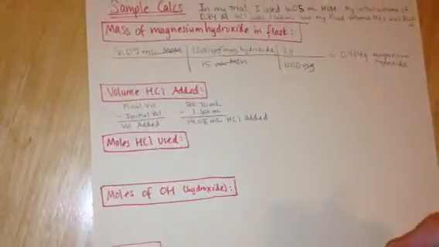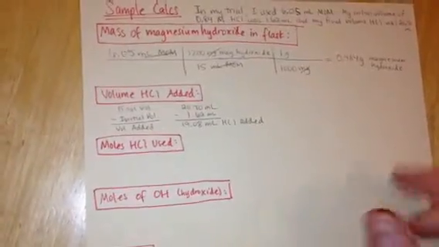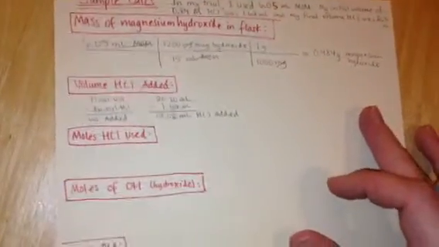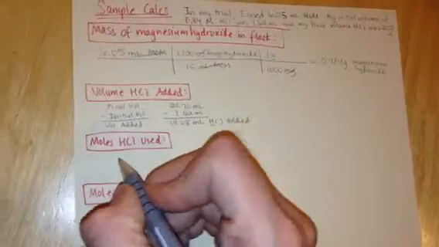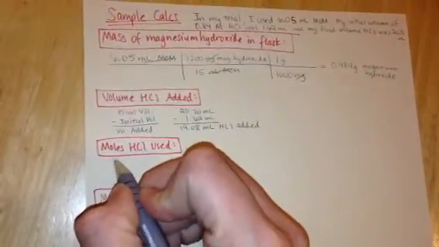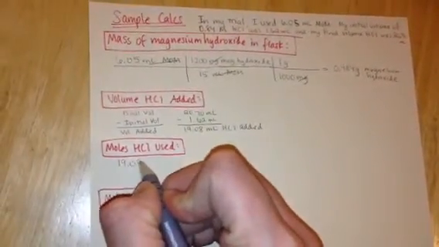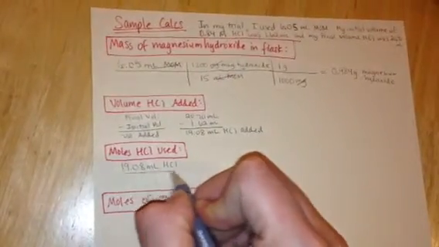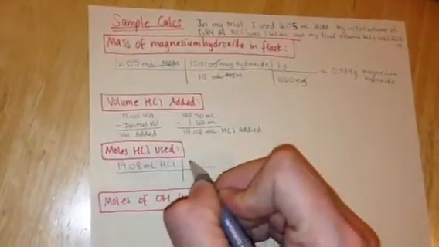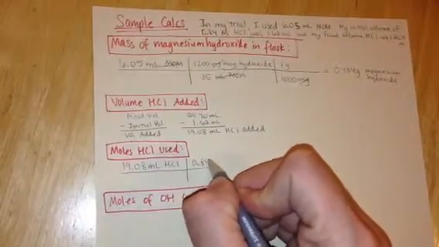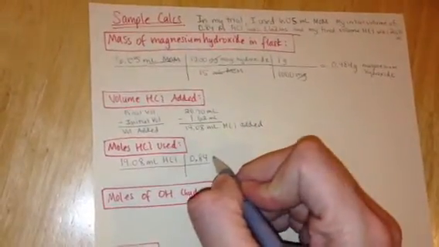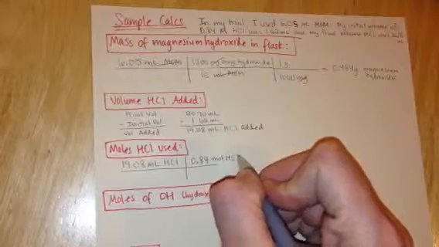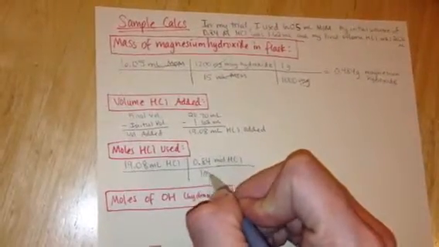Now, moles of HCl used. This is a new one for us. This uses the concentration or molarity. You start with your volume of HCl used. In my case, it was 19.08 milliliters. And here's where we use that concentration. 0.84 molarity means there are 0.84 moles of HCl per liter, or 1,000 milliliters.